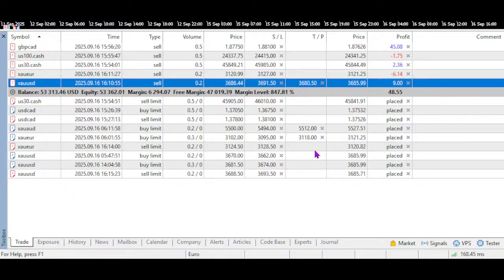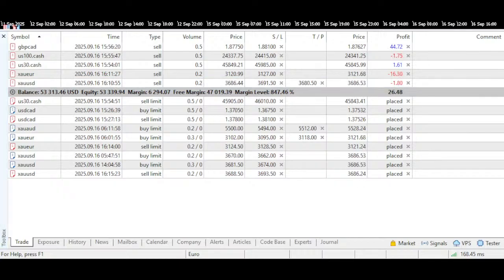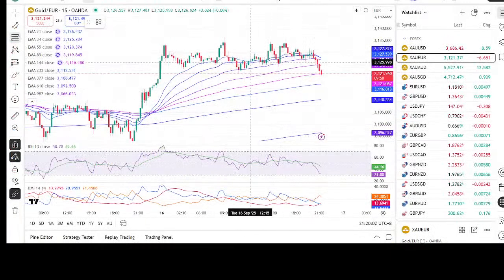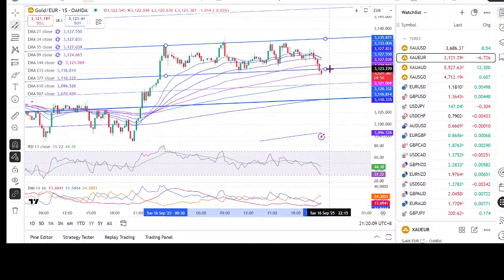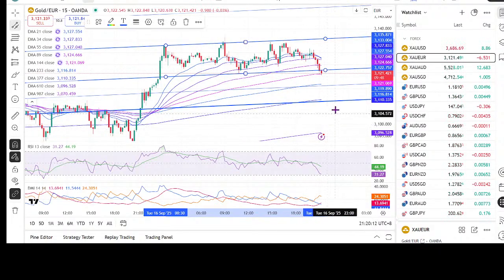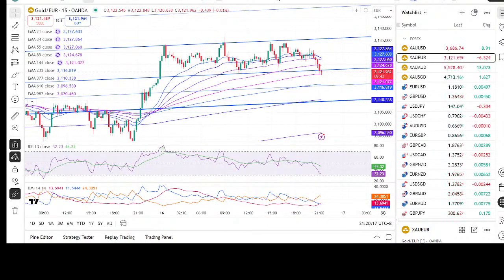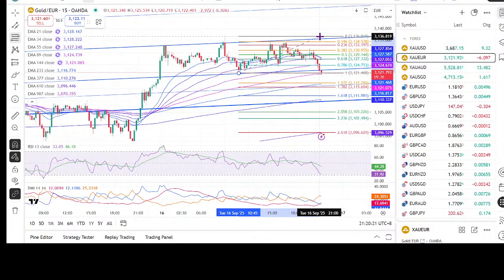In the same manner, if I look into the gold euro, I should be looking for a target, either a projection of this, which should be somewhere near 10, or an extension of this level.